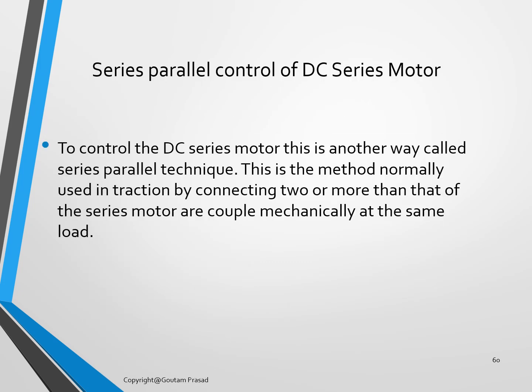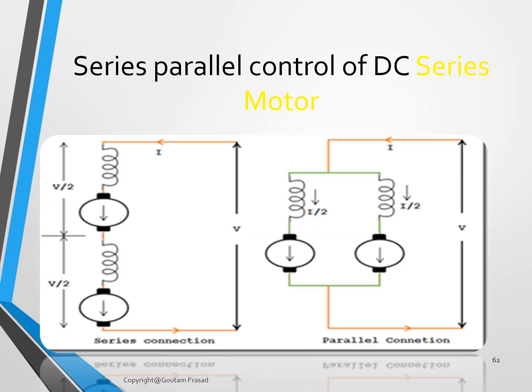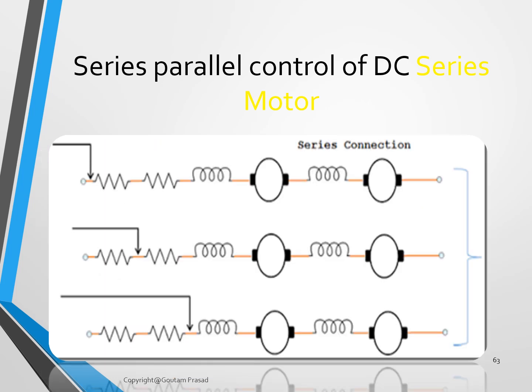Series parallel control of the DC motor. Here is the series parallel control. Two series motors have been connected in series, and in the other case, two series motors have been connected in parallel. In either case, the speed of the motor will be different.